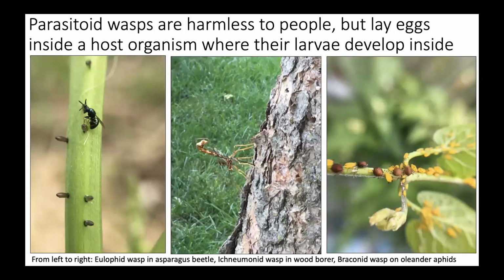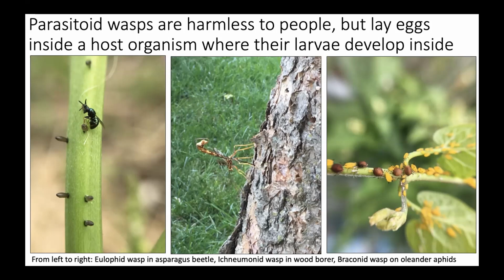And so, we always talk about parasitoid wasps. And some of these wasps are pretty small. We don't even notice them, but there are a variety of parasitoid wasps that have their own favorite host. So what parasitoids do is they lay eggs, or the female uses her ovipositor to lay eggs in the egg or in the larva of another organism.